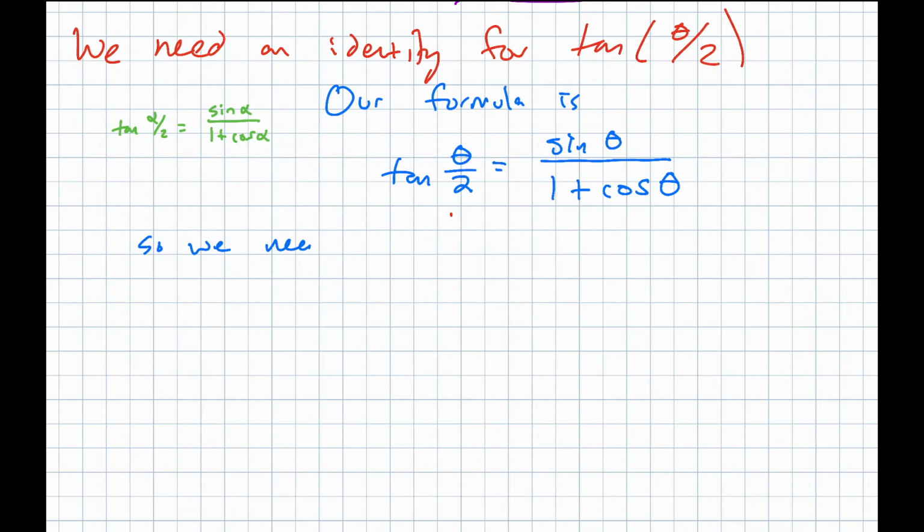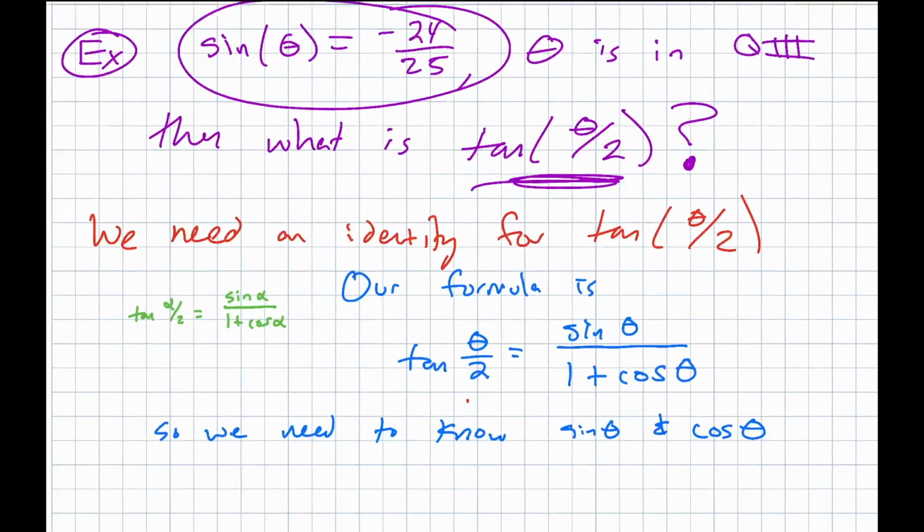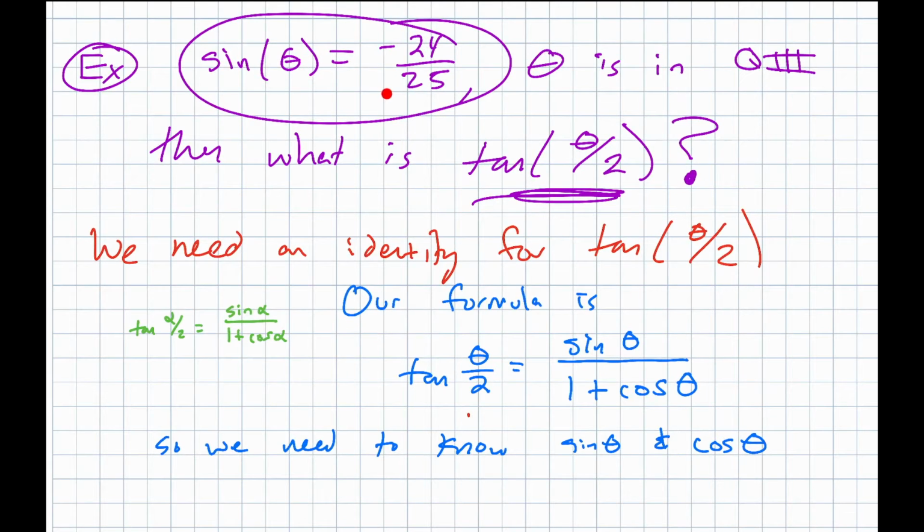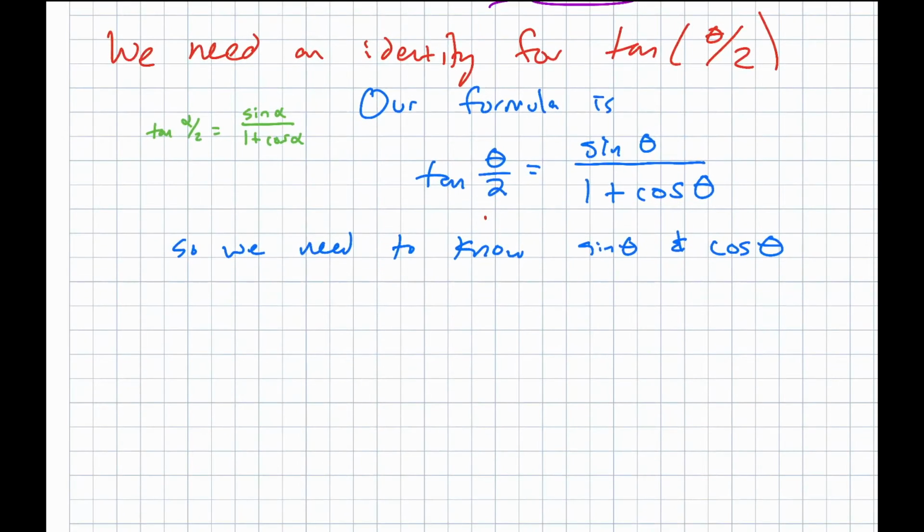So we need to know sine theta and cosine theta. We already know sine theta because that was just what they gave us in the problem. Sine theta is negative 24 over 25. So what do we need?